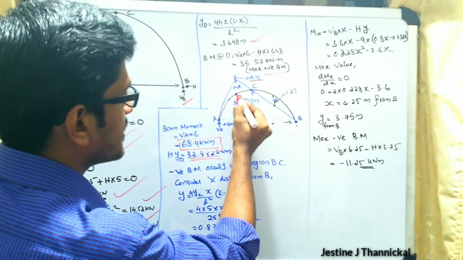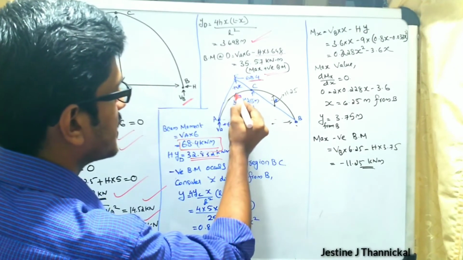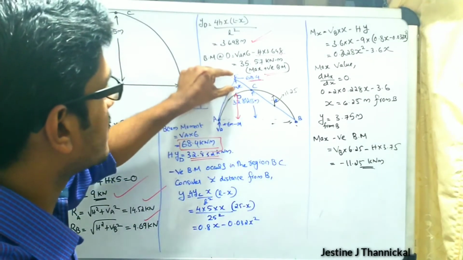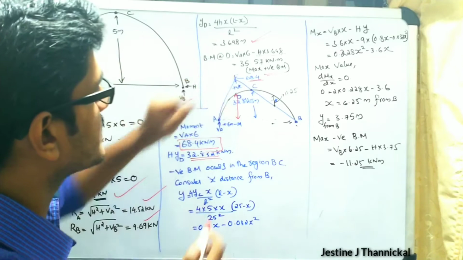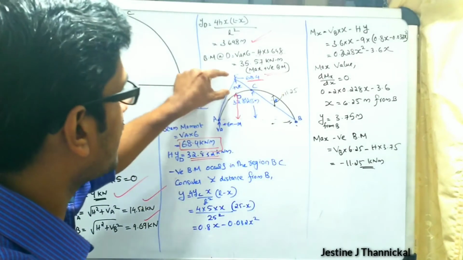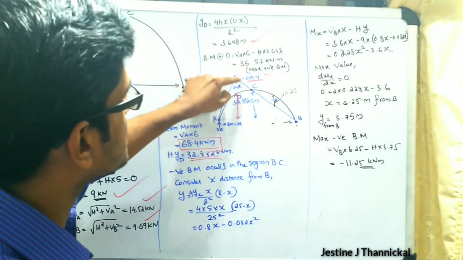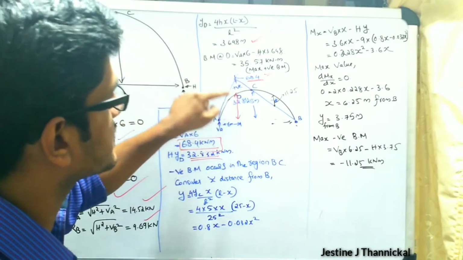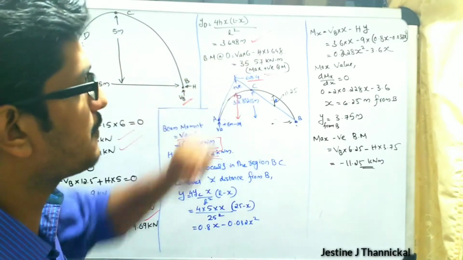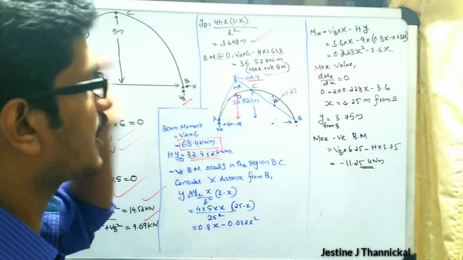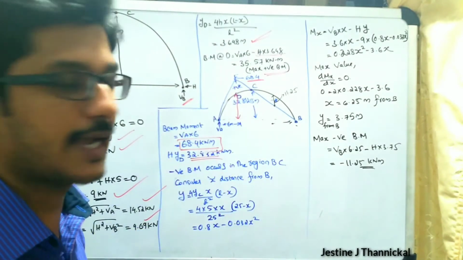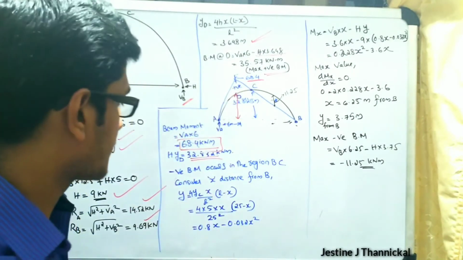At this height you will get the value 32.832, and the full ordinate value will be 68.4. The bending moment at D is going to be 68.4 minus 32.832, which gives the value 35.57. Likewise, you will get the positive value. So that is the case of positive bending moment.